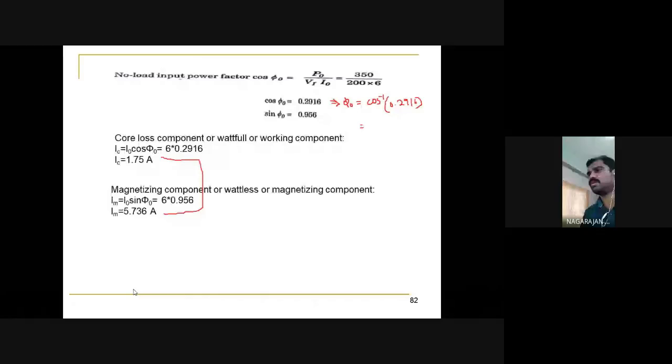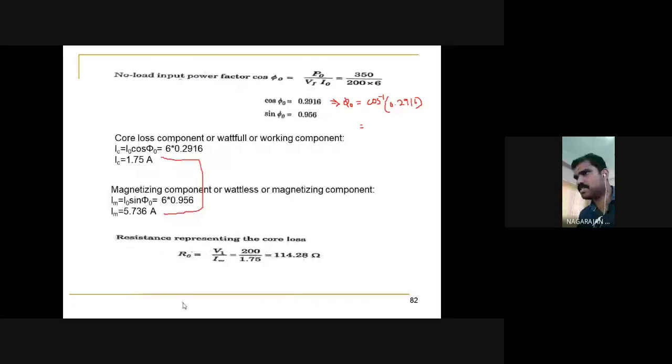So R naught is V1 divided by IC. Here I have mentioned it as IW; both are the same, so don't get confused with IW and IM. So 200 divided by 1.75, I get 114.28 ohms of R naught.